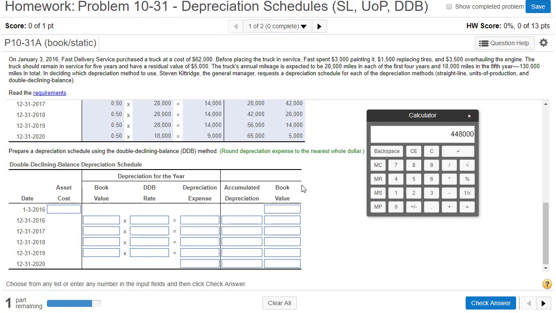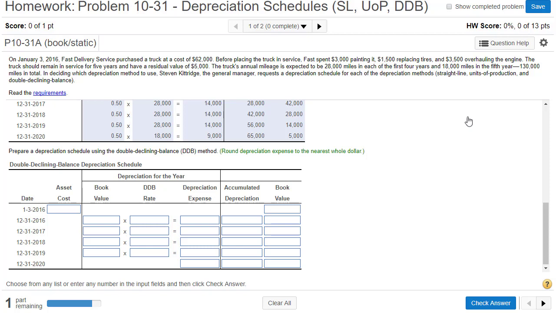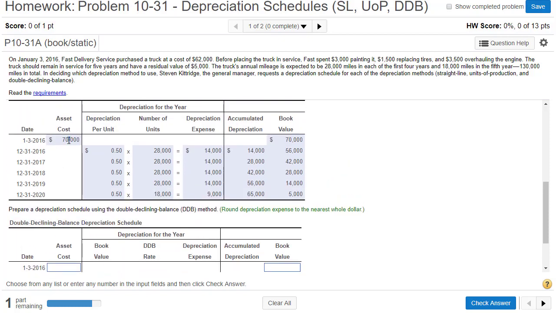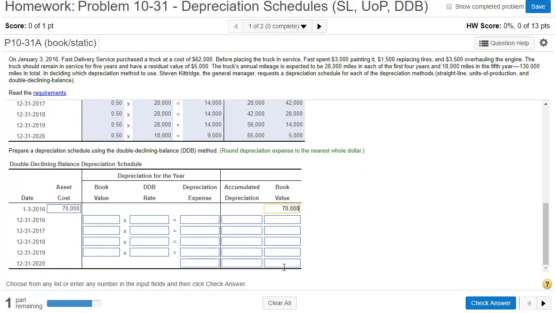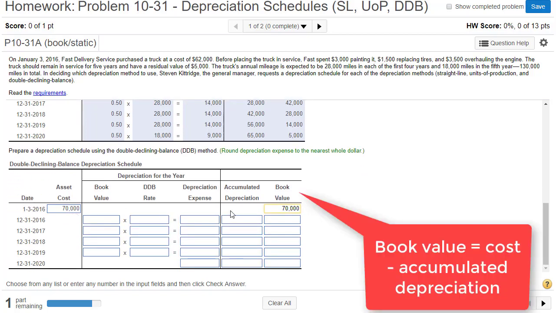And then the last technique that they want us to use is double declining balance. So again, our asset cost is the same, 70,000. And the book value on the day we buy it is also 70,000, because book value is cost minus accumulated depreciation.